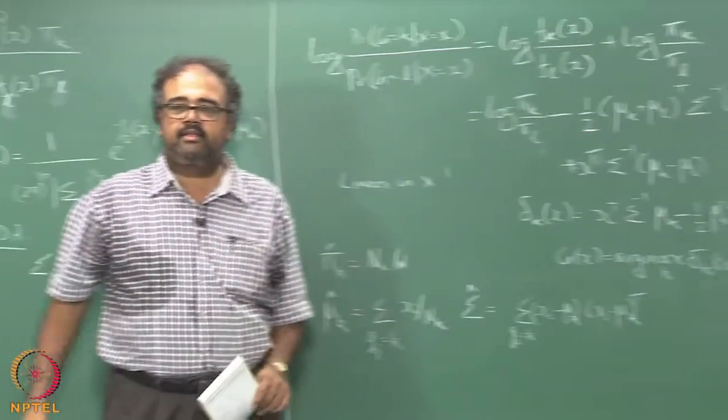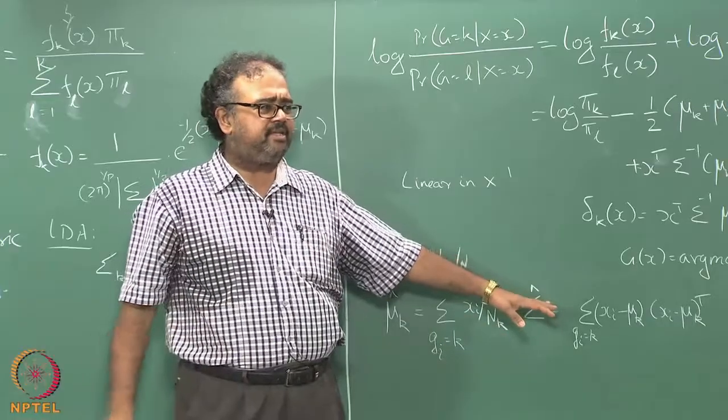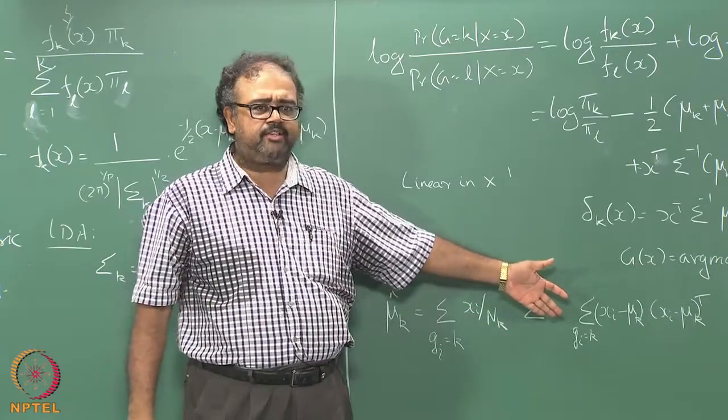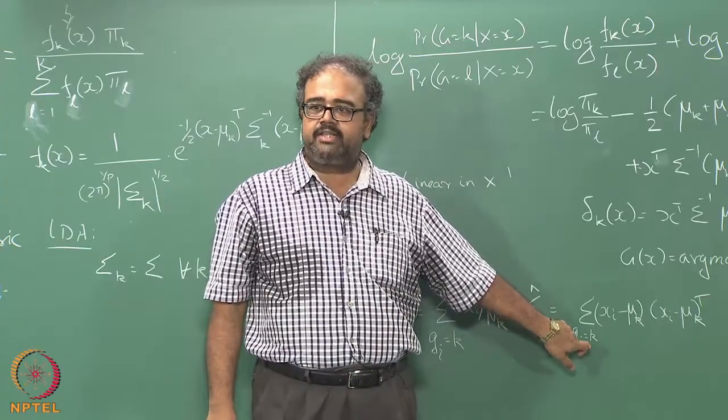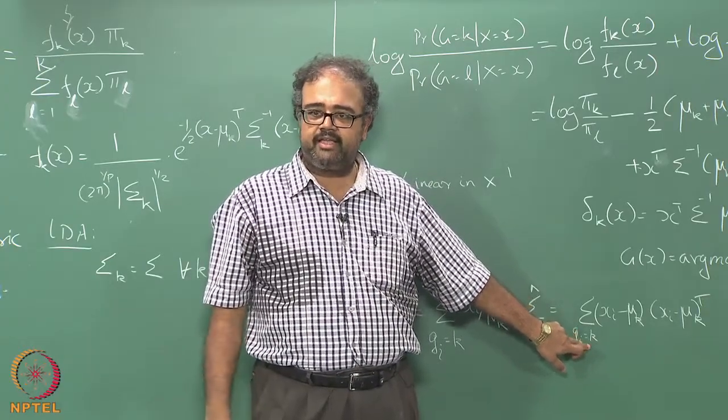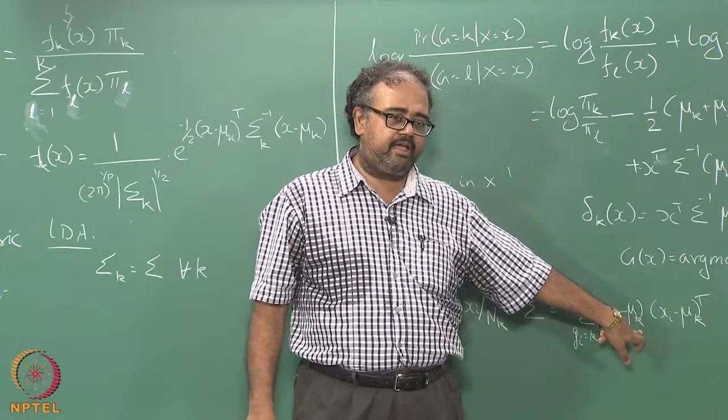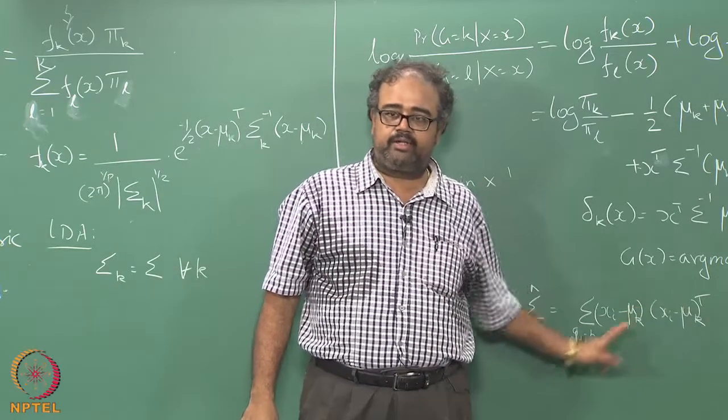of xi. Remember, all of this is from the training data, so I know what class xi actually belongs to. So I take the class of xi, take all those data points belonging to class k, and use mu k here in computing this quantity.